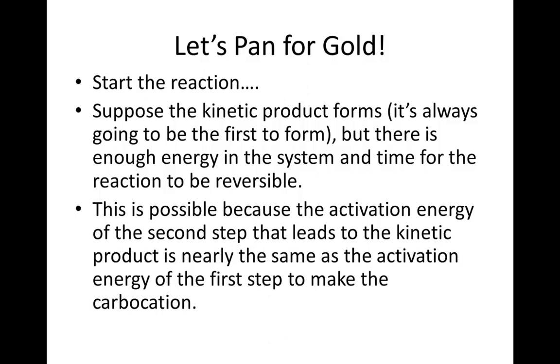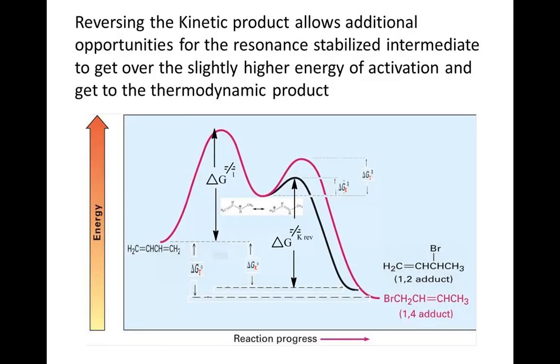And again, it may help to look at the picture again. I've added some things to try to help explain this. The energy of activation to go over the first step is the energy of activation to the first transition state. So this is the first transition state.